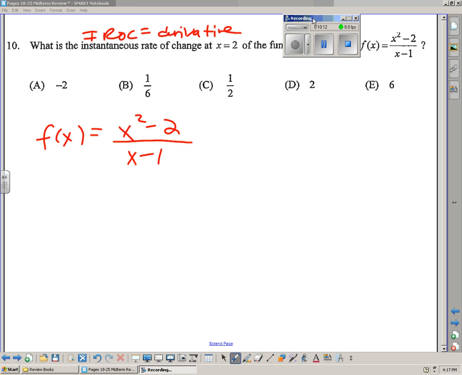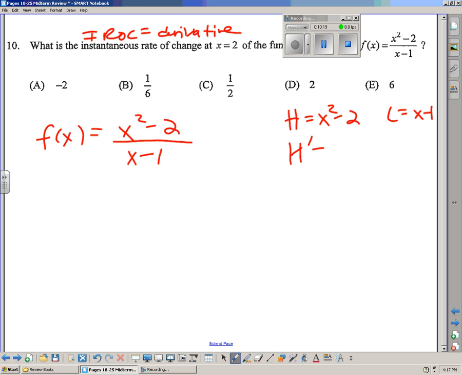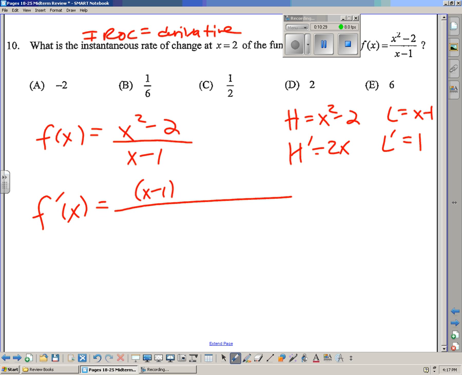So I'll come over here, take our individual derivatives as we do, and then low d high. So low d high is (x minus 1) times 2x, minus high d low, which would be minus (x squared minus 2) times 1, technically, over low squared, (x minus 1) squared.